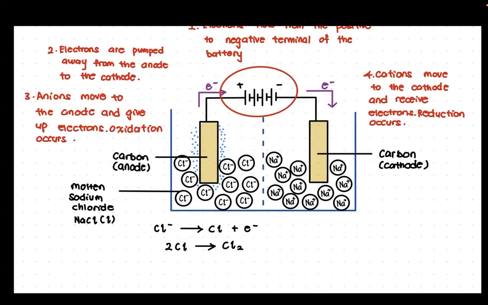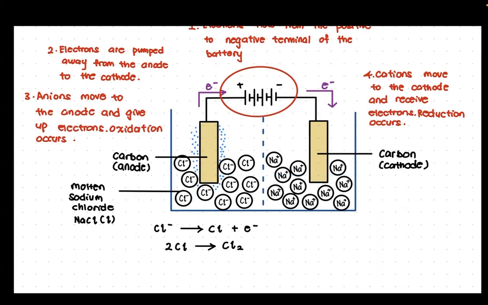What's on the right side is what matters, because to form our overall equation we are going to find out what our product is. Our product is Cl2 for the anion side. For the cation side, very simple, Na plus is just going to take in electrons to give us Na.